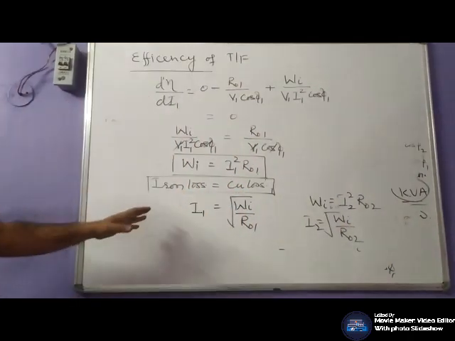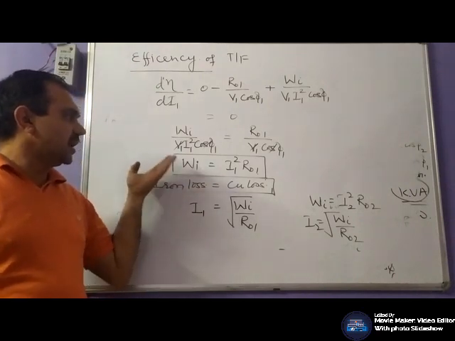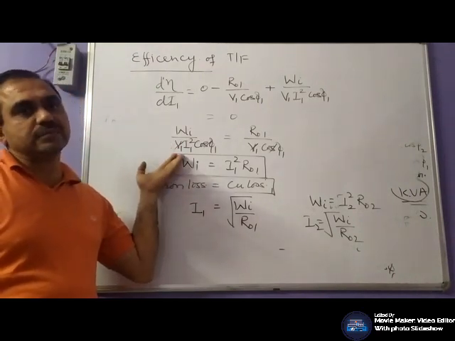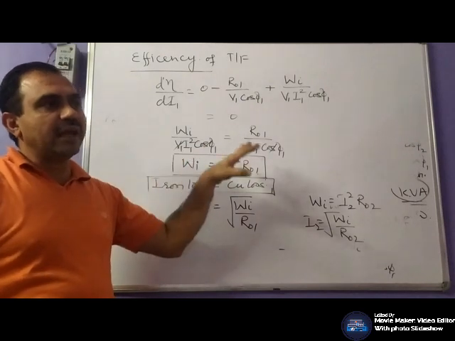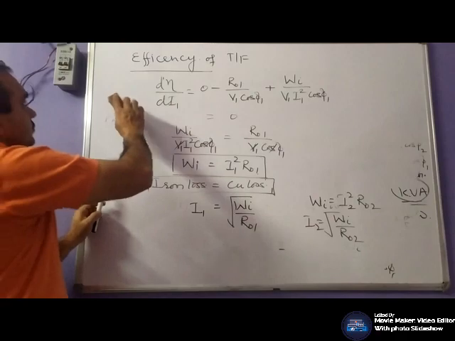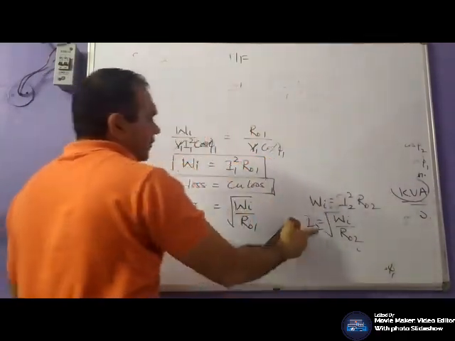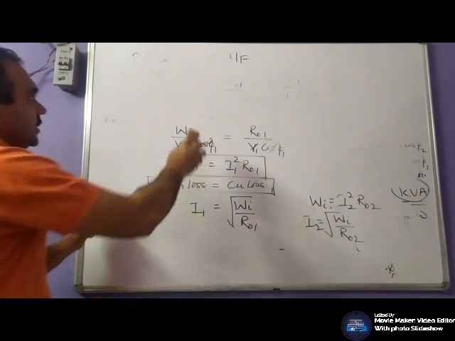So we can find out the current at which efficiency would be maximum, and this would be the condition for maximum efficiency. So we can derive this condition on either side. From this, one thing is clear: this is the current at which efficiency is maximum.